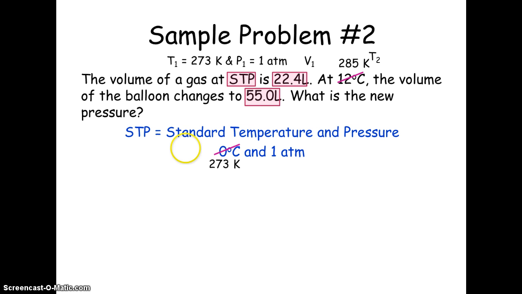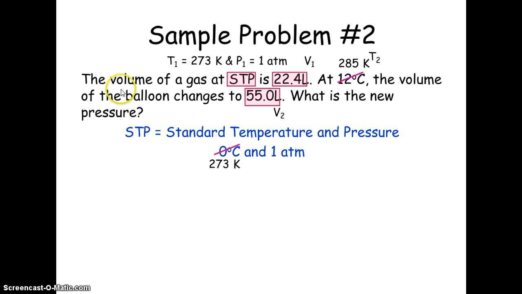Again, temperature 1 is 273, pressure 1 is 1 atm. Volume 1, our starting volume, is 22.4 liters. Now our ending temperature, T2, is going to be 285 Kelvin. We do 12 plus 273, which gives us 285 Kelvin. And we know that our ending volume, V2, is going to be 55 liters.